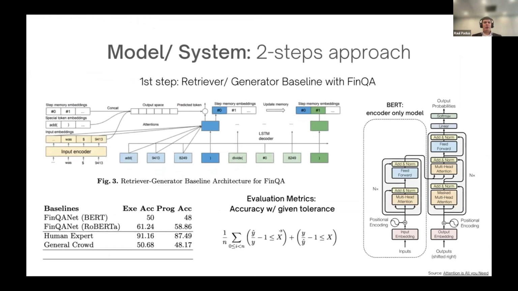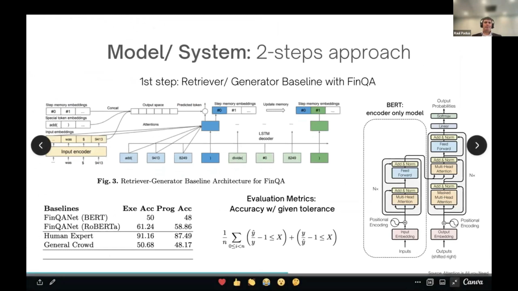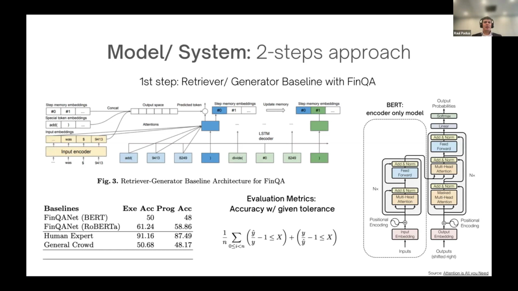So going back to our approach, it's a two-step approach, right? We first retrieve information, and here we use a baseline BERT. BERT is an encoder-only model from the transformer architecture, right? In which you pass in the semantics as input embeddings, with position encoding to be careful with the order of the sequence, like a sentence.